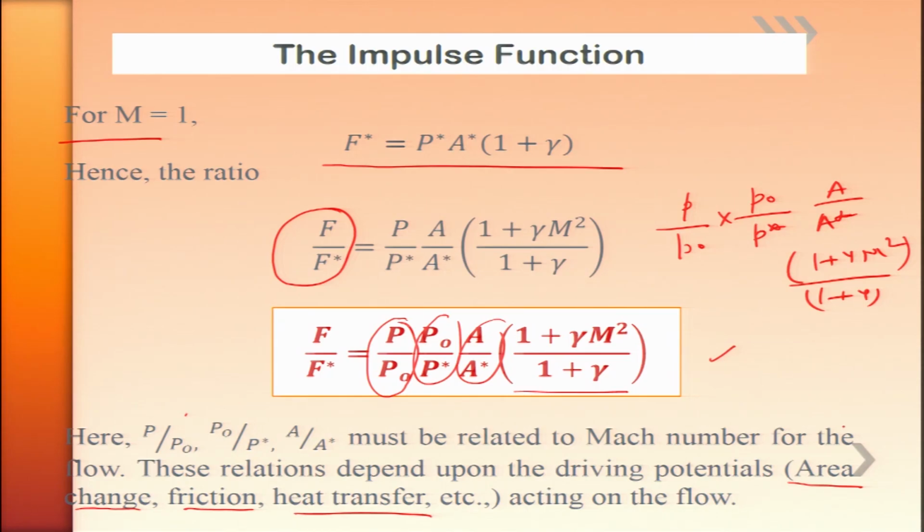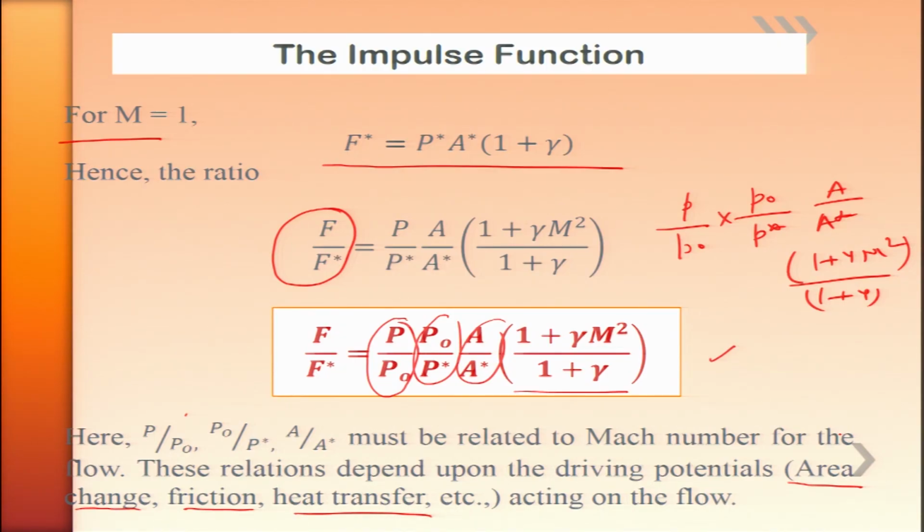Please note that in a real situation, all the three, that is area change, friction, and heat transfer, may be present, with friction always present in the real scenario. That means in the real situation, these three cases to occur, the change of state of the flow from one state to another state are always possible.